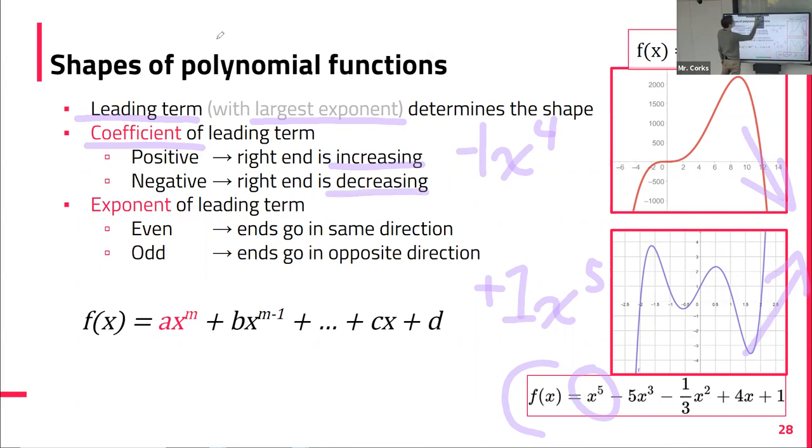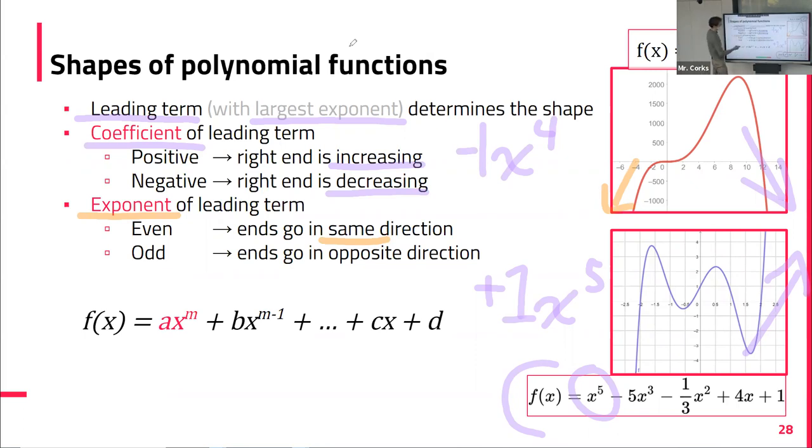Second thing we can notice is with the exponent itself. If the exponent is an even number, then the two ends are going to go in the same direction. So we can see that with the top right one. The right side is going down, and the left side also going down, in the same direction.